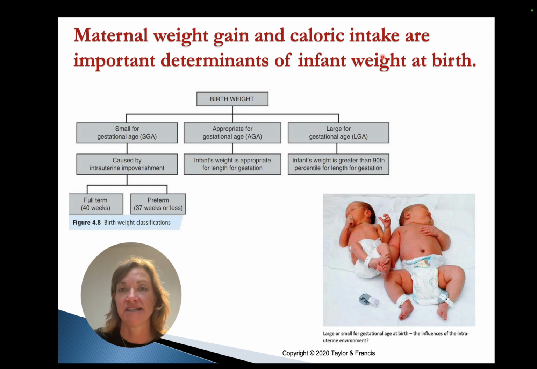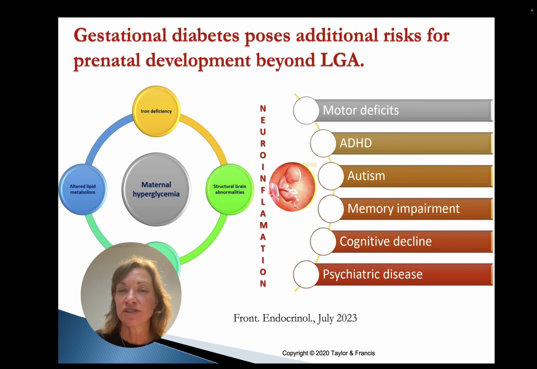Gestational diabetes can result in babies that are large for gestational age if mom's blood sugar is not controlled appropriately. It can also do other things to baby. It can persistently alter lipid metabolism in the baby. It can disrupt things in the brain like synaptogenesis, the formation of neural connections in the brain, and even induce structural brain abnormalities. Again, this isn't every case of gestational diabetes.